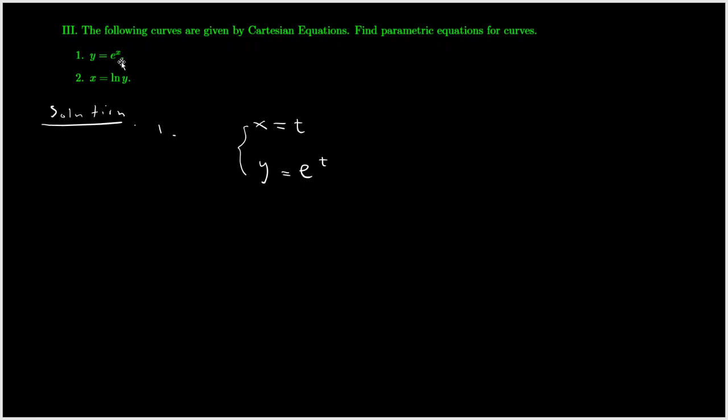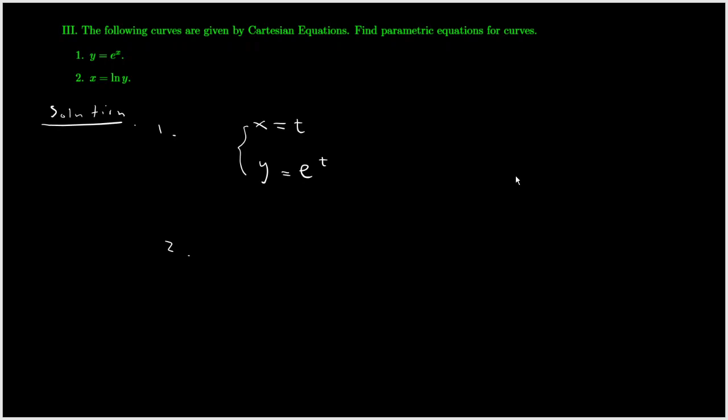That's how we can treat a Cartesian equation as parametric equations. You just set one of the two variables to be the parameter t. In this case, we do not have a restriction on t. By that we mean we treat t as a variable that can take any number.